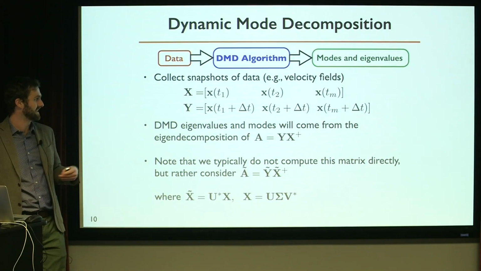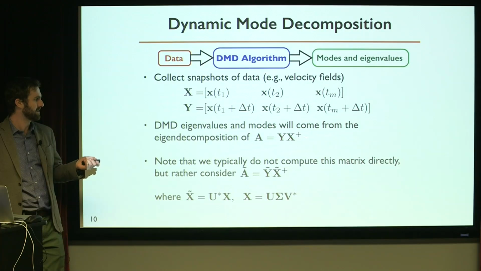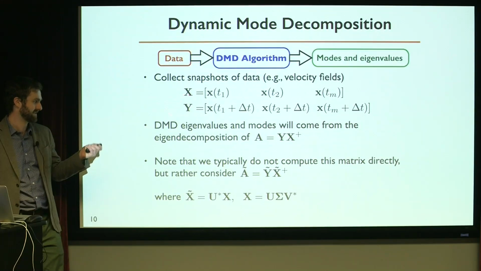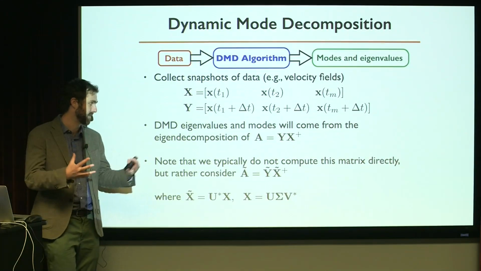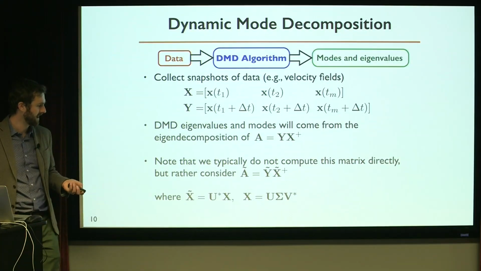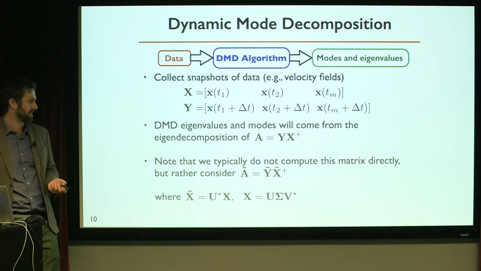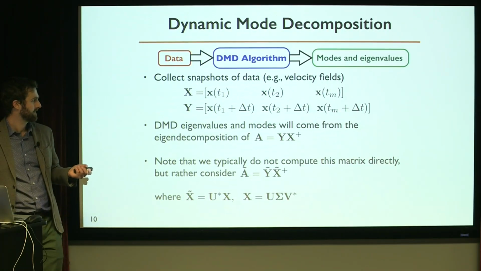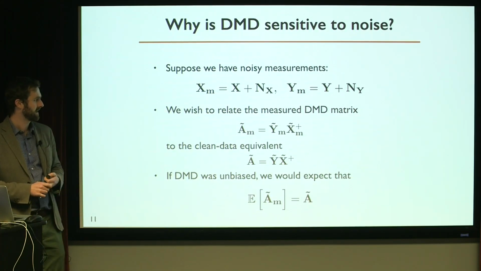But the way that DMD is doing this, in the most simple form, is that we basically use a pseudo-inverse of one of our data matrices and multiply it by the other one, which gives us some sort of least squares fit. And that's, again, perhaps what one might think to be a sensible thing to do. Again, don't worry too much about the mathematical details.